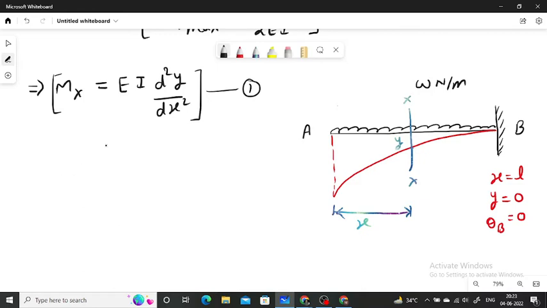and the bending moment about the section XX due to the uniformly distributed load, Mx will be equal to minus wx square by 2. Okay, this is equation number 2.